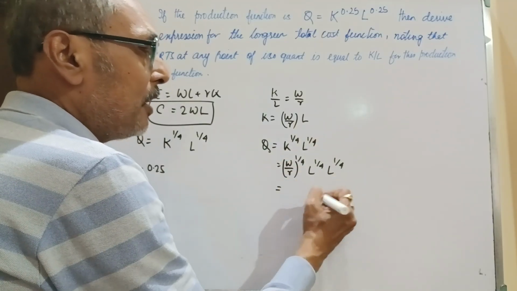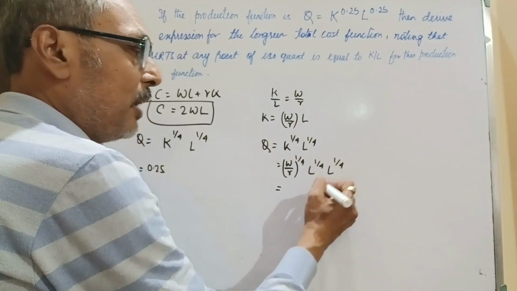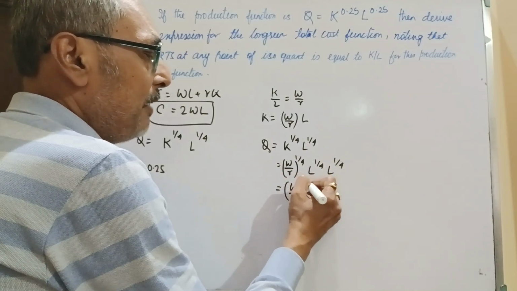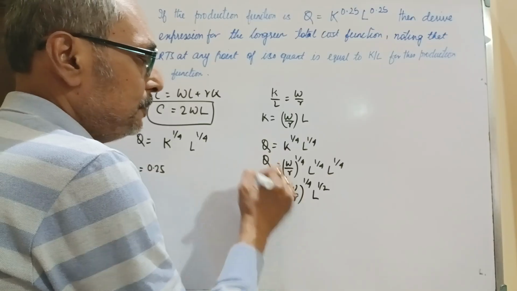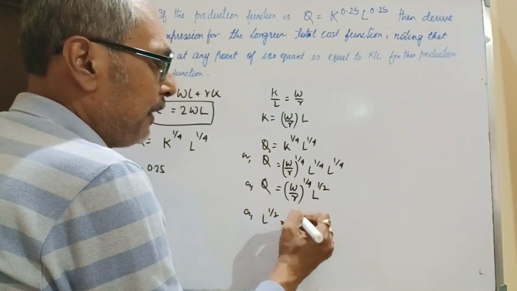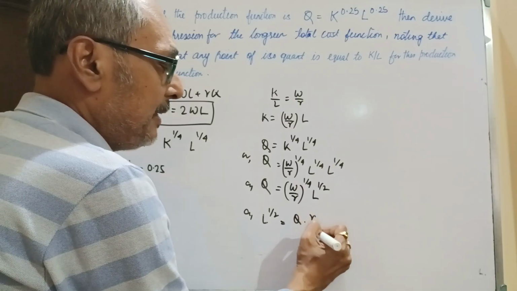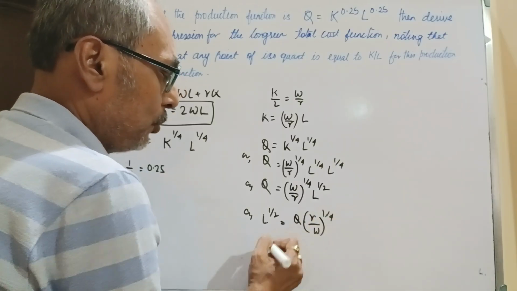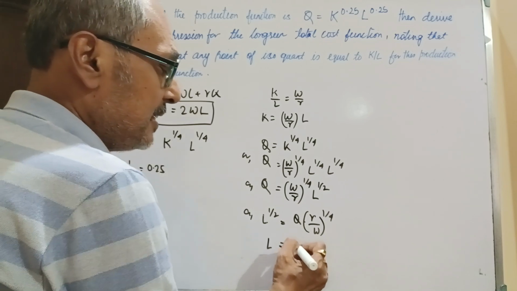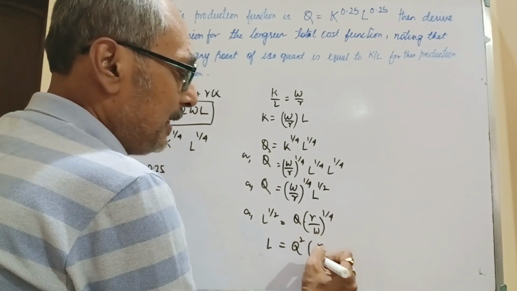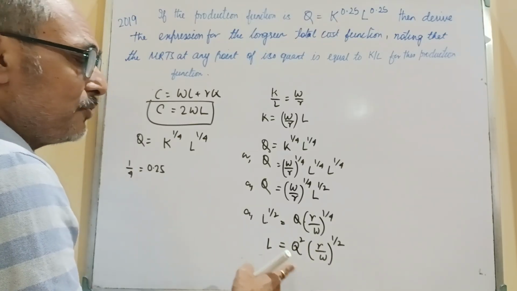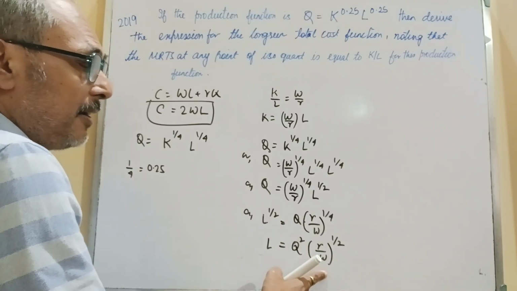Therefore, the power of L is 1/4 plus 1/4, which becomes half. Or L to the power half equals Q (R by W) to the power 1/4. Squaring both sides, we get L equals Q squared (R by W) to the power half.